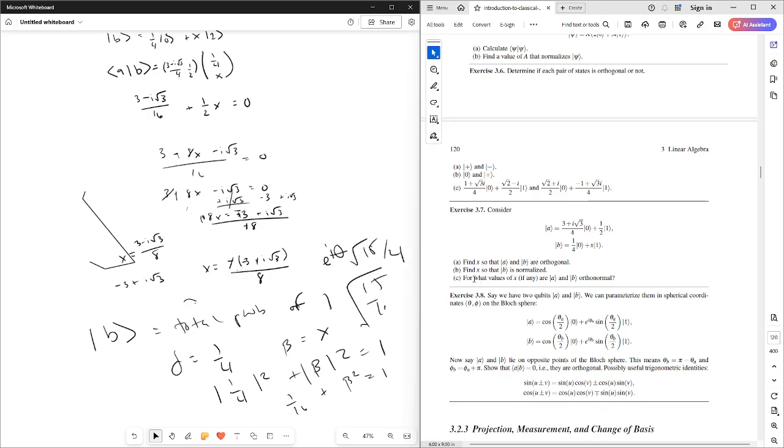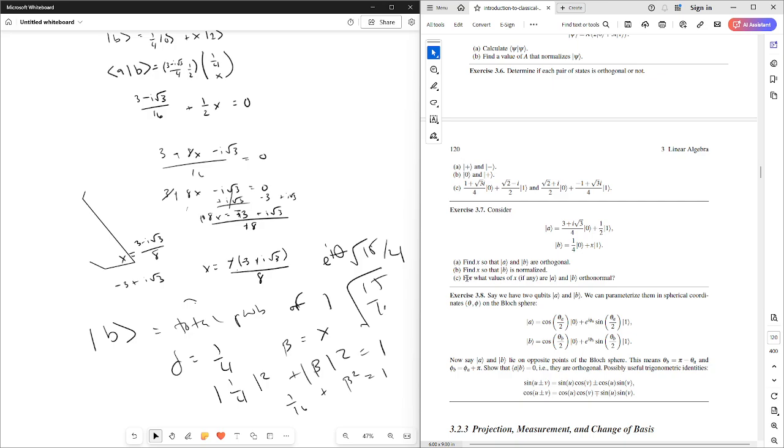So for what values of x, if any, are A and B orthonormal? Well, the problem is that we found the value of x which made the states orthogonal, and we found the value that made them normalized, but those values aren't the same.